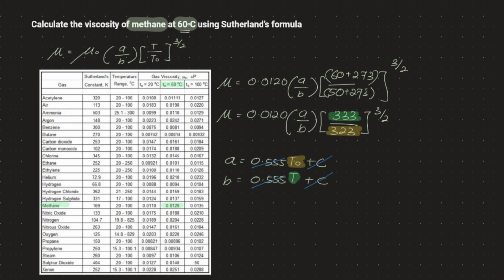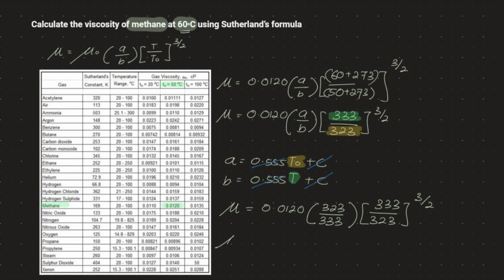So in other words, we can also write it as the viscosity is equivalent to 0.0120 times 323, which is the T naught, divided by the T, 333, times 333 divided by 323 to the power of 3 over 2.